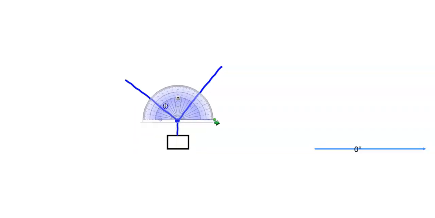Anyway, I'll take the protractor and just put the vertex right here at the center of the knot, and then you can measure these angles.